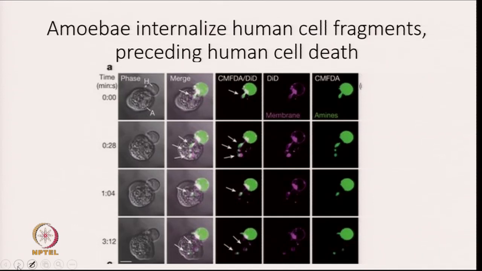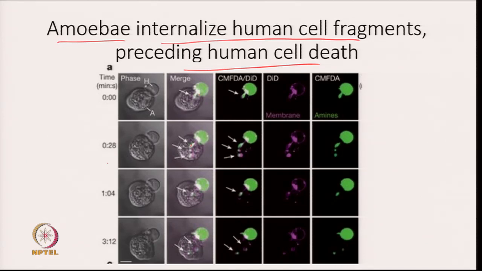For example, in this case what you are going to see is amoeba internalizing human cell fragments preceding human cell death. Now you can see here phage, this is AH. If you merge it, it will be like this, 28 minute.